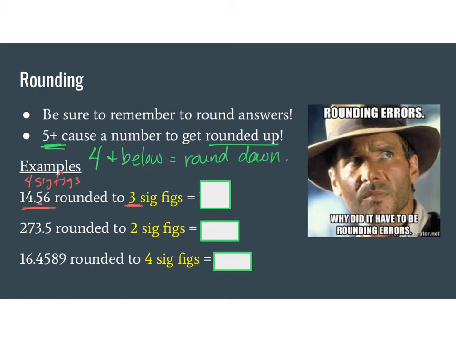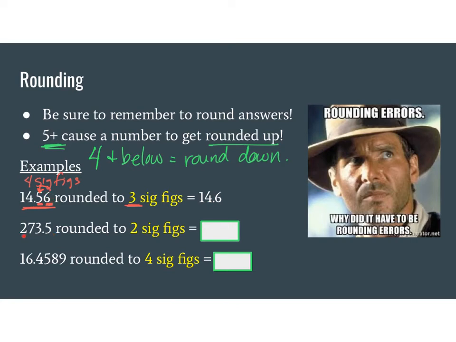So we're going to look at our third sig fig, and we're also going to look at our fourth sig fig in this case. So this fourth sig fig impacts the third. Because it's a 6, it's going to cause that 5 to round up. So if I round that up, 14.56 rounded to 3 sig figs ends up being 14.6 because of this 6 making that 5 larger.